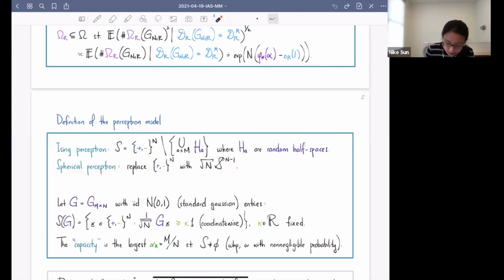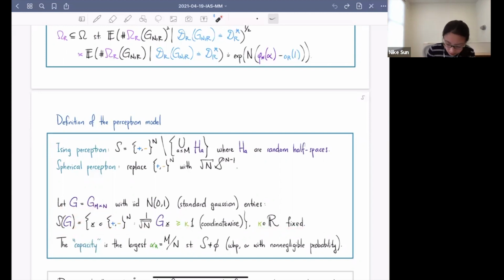So another way of writing this is that you let G be the n by n matrix with independent, identically distributed standard normal entries. And then the perceptron is the set of x in the cube, such that G times x, scaled by square root n, is greater than or equal to kappa coordinate-wise, where kappa is just a fixed parameter of the model.